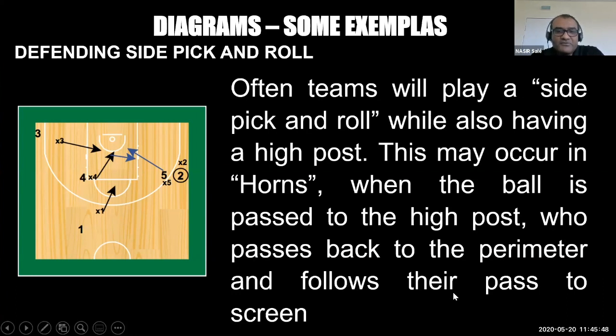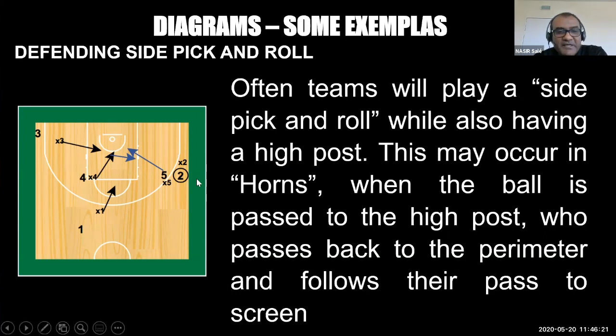This may occur in the horns, for example, when the defense moves flat, and the one passes to the 2, and now we have the side pick and roll offense. And this may occur in the horns when the ball is passed to the high post, or the high post gives to the perimeter shooter, who passes back to the perimeter and follows that pass for the screen.